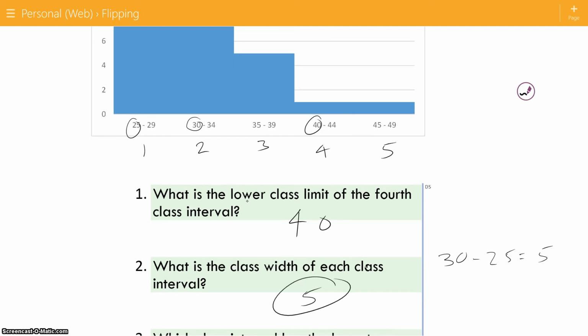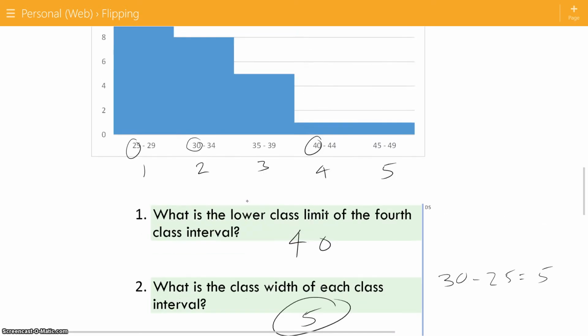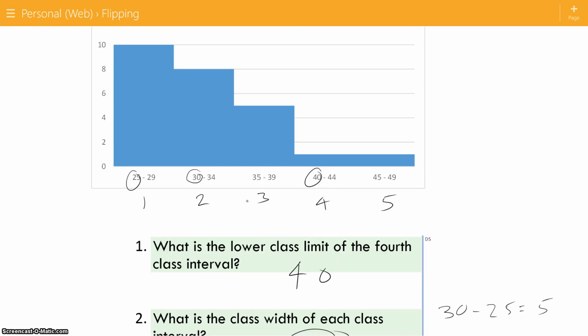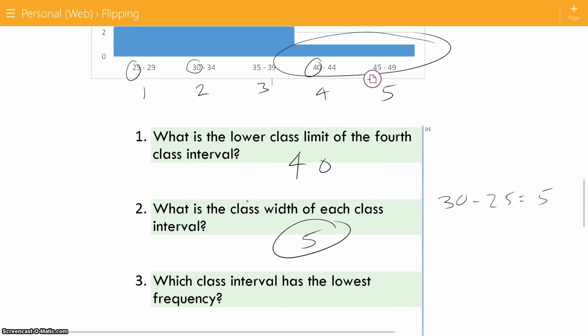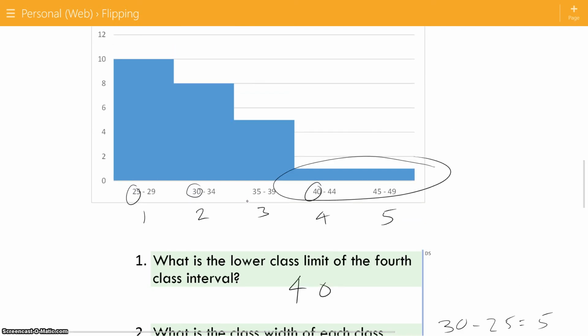Class width would be 5. Which class interval has the lowest frequency? In this case, we don't have just one. We see both the fourth and fifth classes actually have 1 in their frequency count.